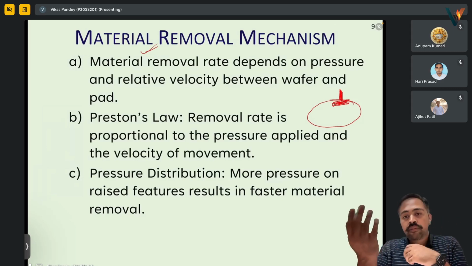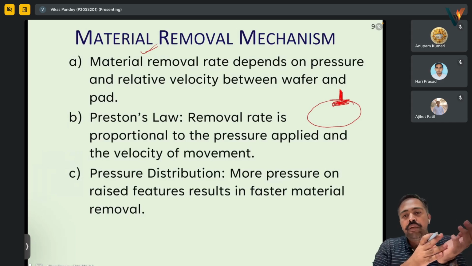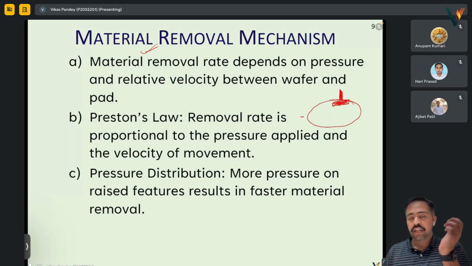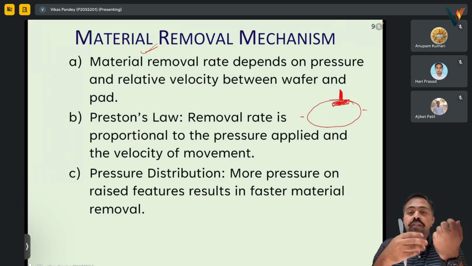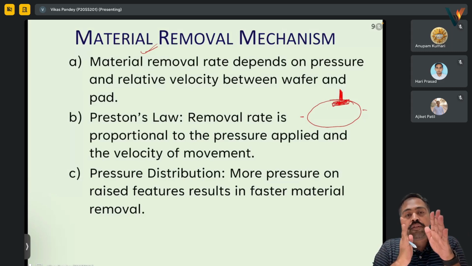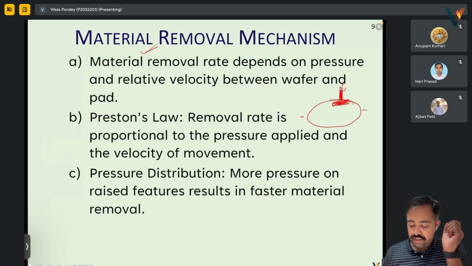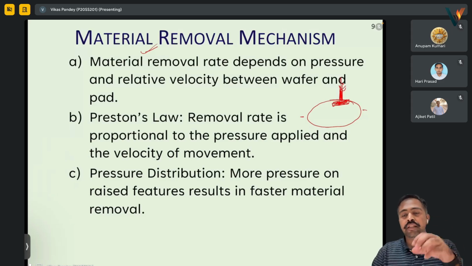Both of them might be moving, or one of them might be moving. Say the wafer is fixed, and we are moving the pad. But in some cases, to make it faster, both the wafer and the pad are moving. As well as we are applying some pressure on top of this pad, so it is pressed with some hardness to the surface of the wafer.